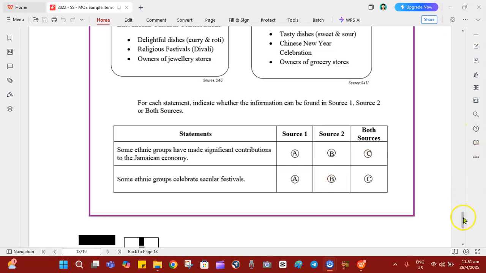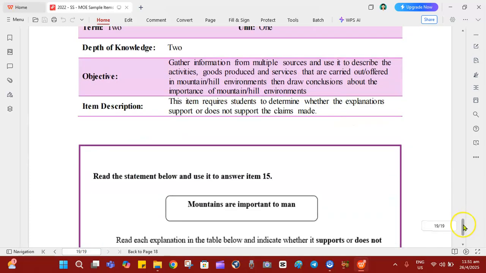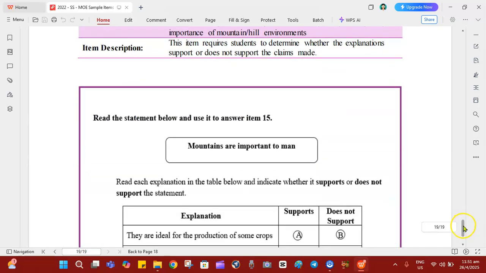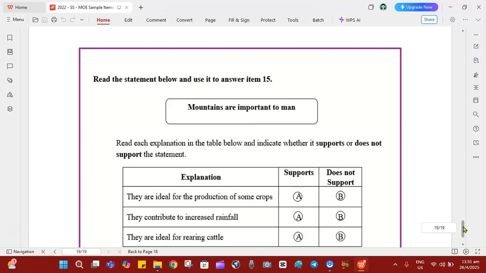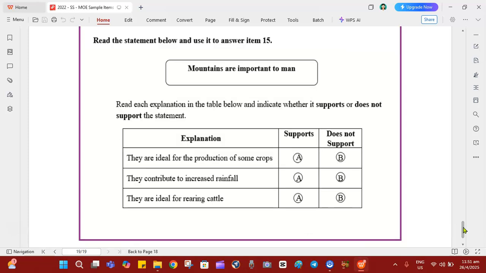Let's look at number 15. I think it's the last one on the paper. We have, mountains are important to man. That's a statement. I need to use it to answer item 15. Read each explanation in the table below and indicate whether it supports or does not support the statement. Remember the statement is mountains are important to man. First: they are ideal for the production of some crops.